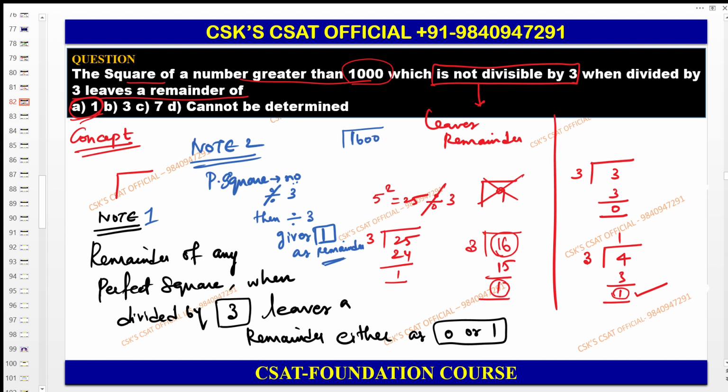This is a perfect square number, right? You can divide this by 3. So 15 goes, 1 comes, 0 here, 9 goes, 1 comes, 0 here, 9 goes, 1 is the remainder. Clear? Everyone understanding? Yes, sir. Okay.